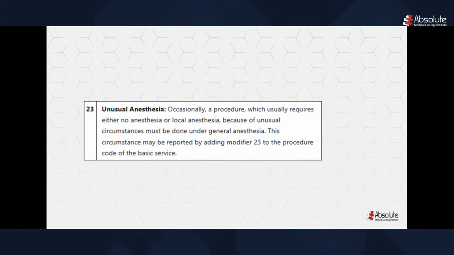So let's take the example when a patient has extreme anxiety or severe phobia and is coming for a procedure that usually does not require general anesthesia, or maybe just local anesthesia. In such cases we can use the 23 modifier, that is for unusual anesthesia.